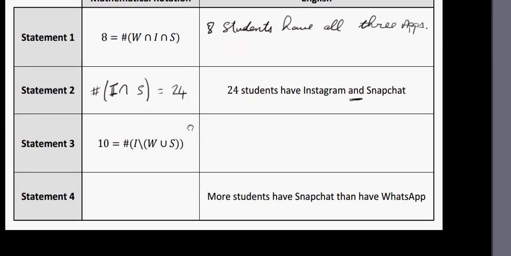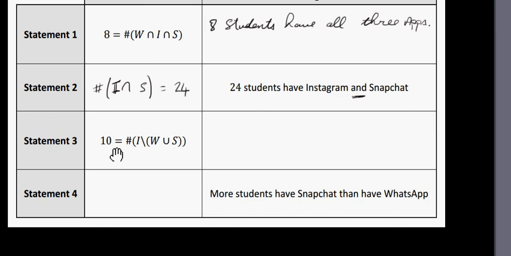Next one. Okay, we have 10 here is equal to the cardinal number of the number of students who have Instagram but not WhatsApp or Snapchat. So we've got the combination of these we've got to kick out. We're just left with the number of students who have Instagram only.